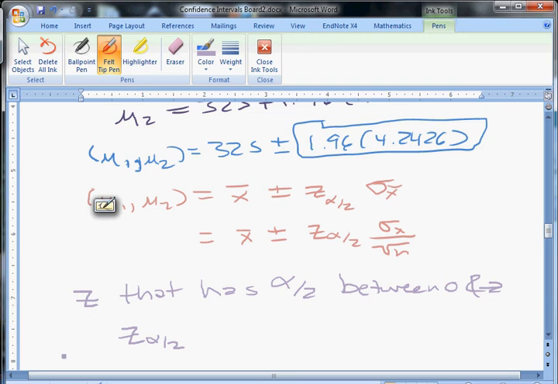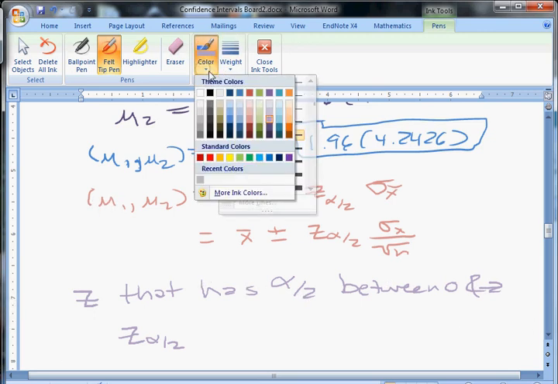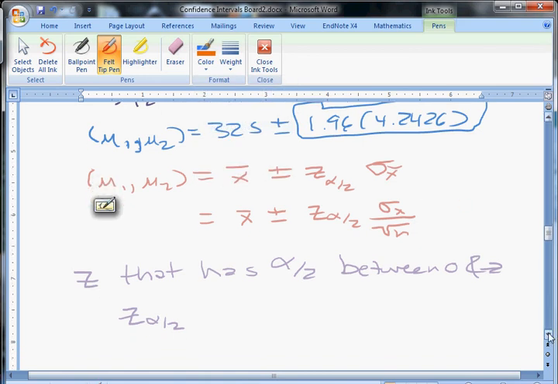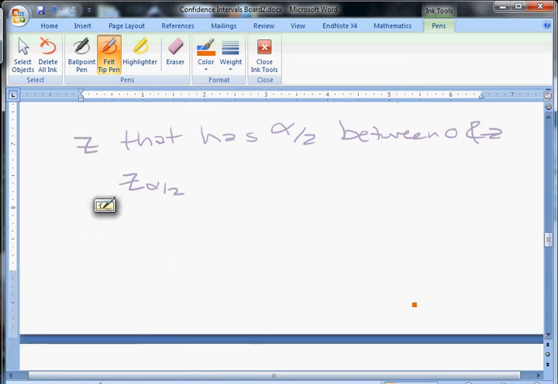When you plug it into the score formula, you do the same math every time. I'm going to show you with symbols what it would look like. Right? So let's say we figured out our z alpha over 2, and we wanted to set that equal to what?